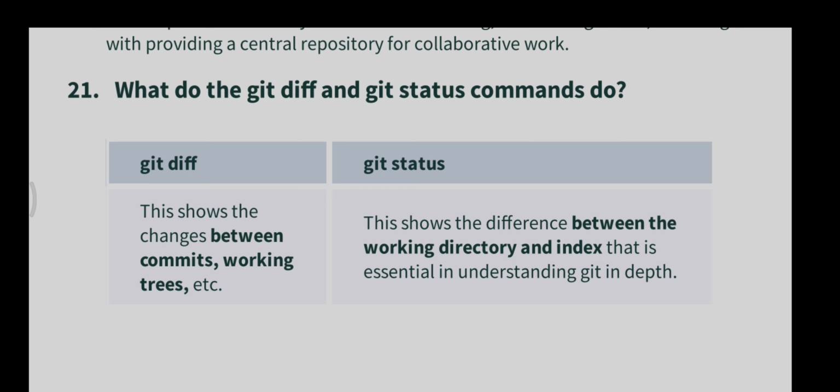What do the git diff and git status commands do? Git diff shows the changes between commits, working tree, etc. Git status shows the difference between the working directory and index. That is essential in understanding Git in depth.